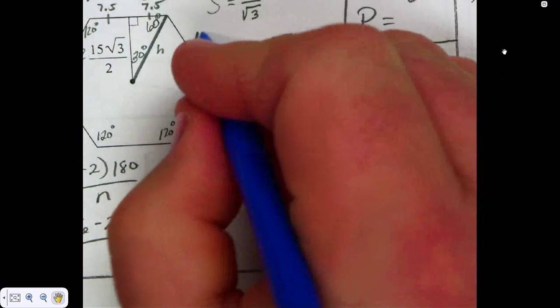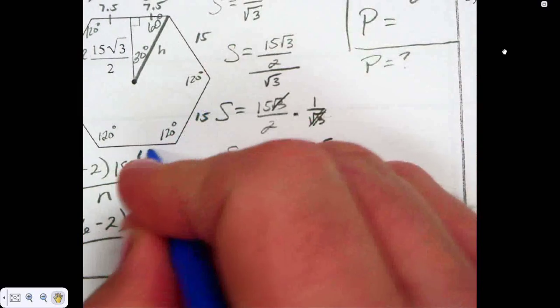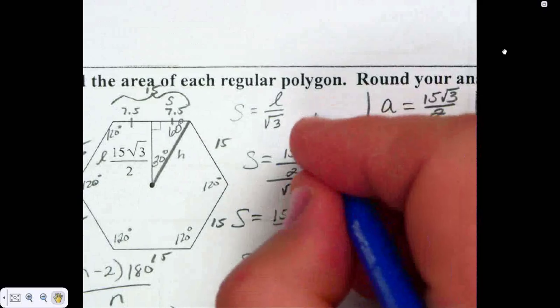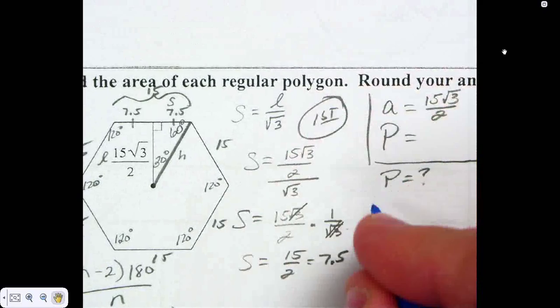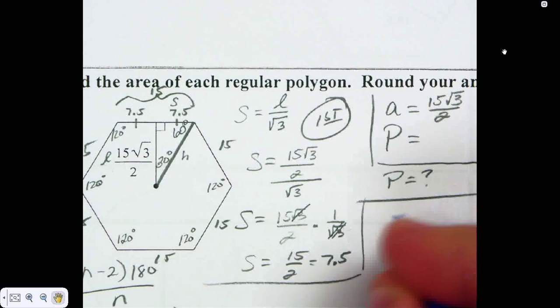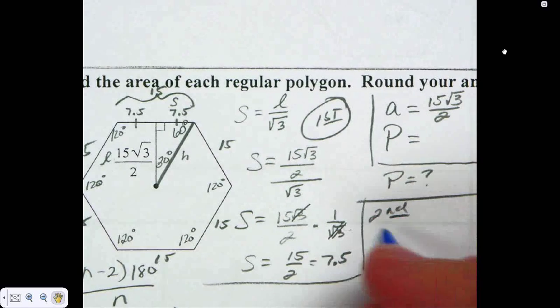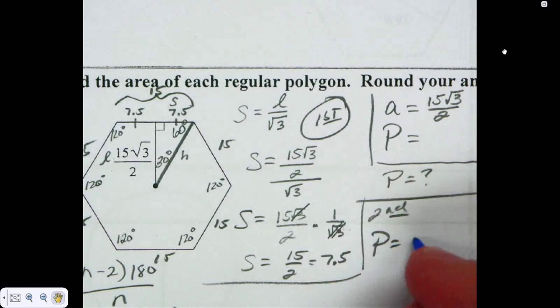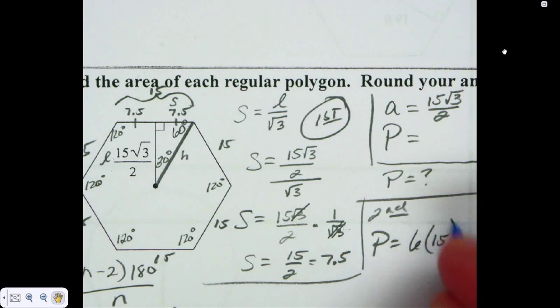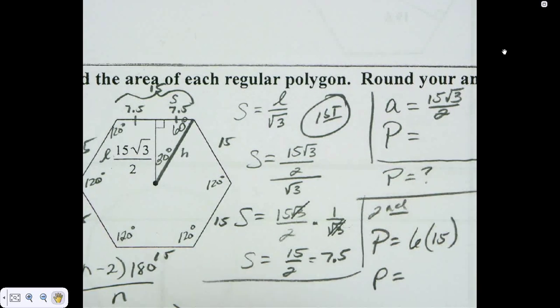So that makes each one of these sides what? Now can I find the perimeter? So we had to do this first. Then second, the perimeter is equal to, how many sides are there? So what's the perimeter equal to?